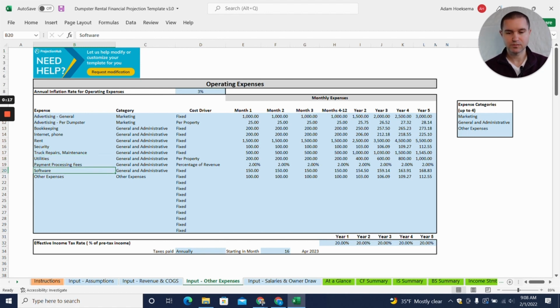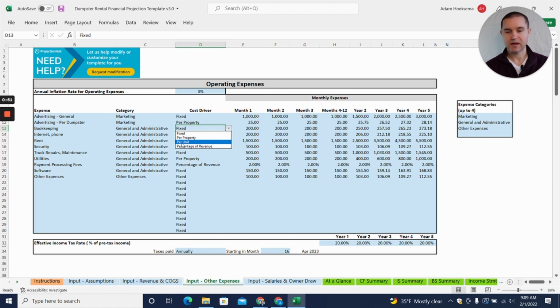One thing I'll point out is there's some flexibility here that you can change these expenses as either a fixed expense, so it'd be the same dollar amount each month, or a per property. So this would be like per type of dumpster. So it'd be like the year 1 10-yard dumpsters, we might have an expense, or you could do a per unit. So we say, okay, we've got 3 units of the 10-yard.